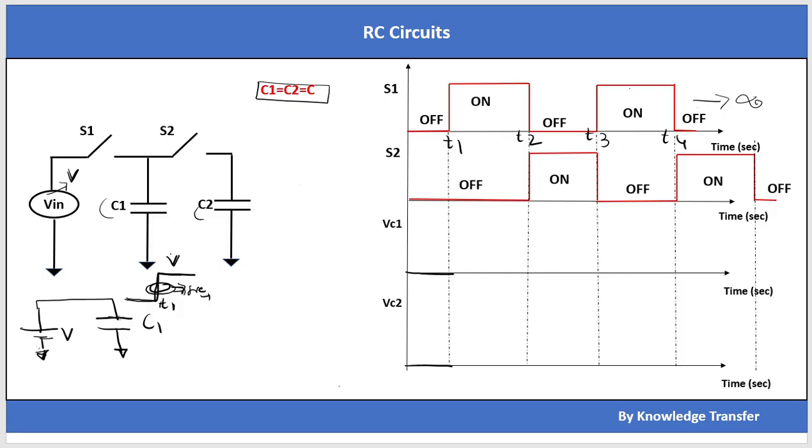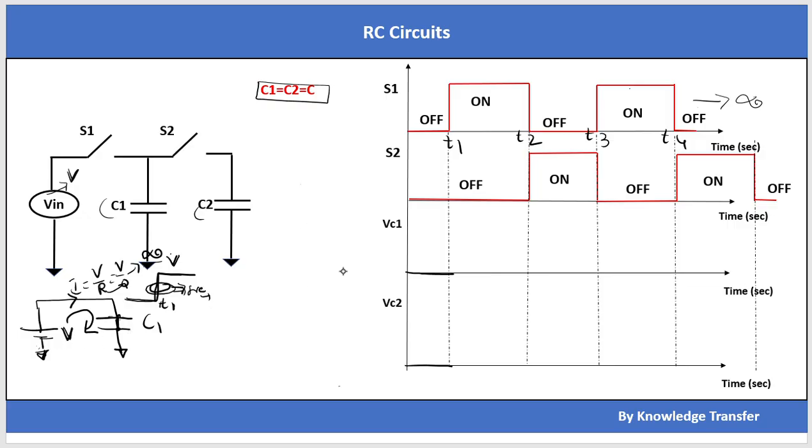Because of that, the capacitor acts as a short circuit at t equal to t1, and if I calculate the current flowing through the circuit, it is V by R, and there is no resistance here, so V by 0, which tends to infinity. That means an infinite amount of current is flowing through this circuit. Because of that infinite current, the capacitor will suddenly charge to V volt.